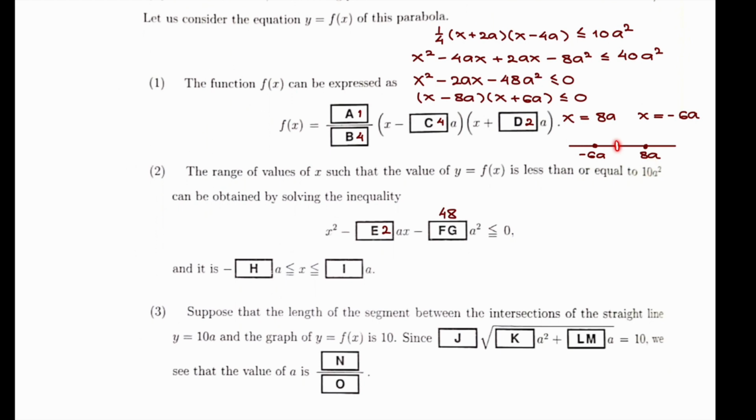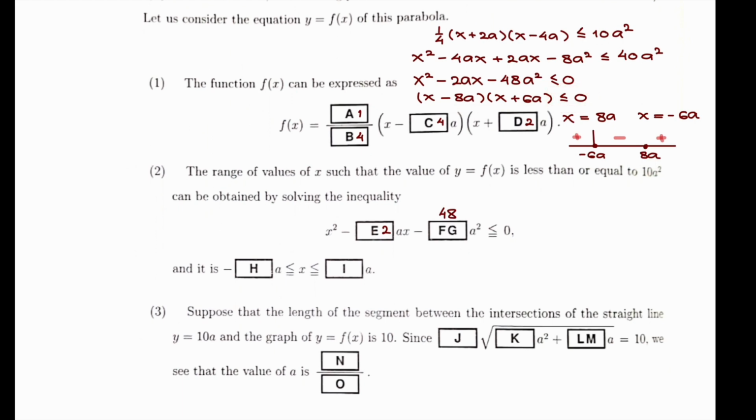If I substitute 0 into my expression, the sign is negative. So the sign here is negative. That means on the left and right it is positive, and I will take the negative region, since my quadratic inequality is less than or equal to 0.